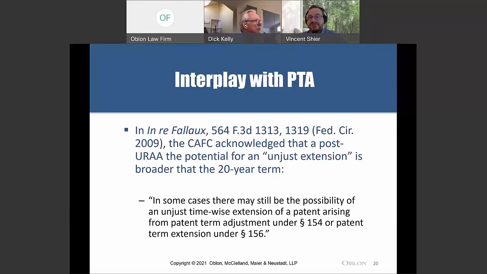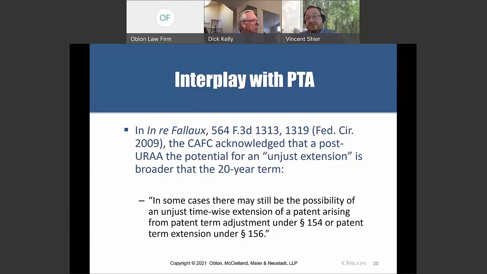Judge Moore wrote in Fallow that although the likelihood of some of the problems and concerns was diminished, they didn't go away. There is still that potential, even under URAA, that just as we saw in the cases of Gilead and AbbVie, there could be gamesmanship that unjustly extends the patent term, and double patenting remains very much alive.